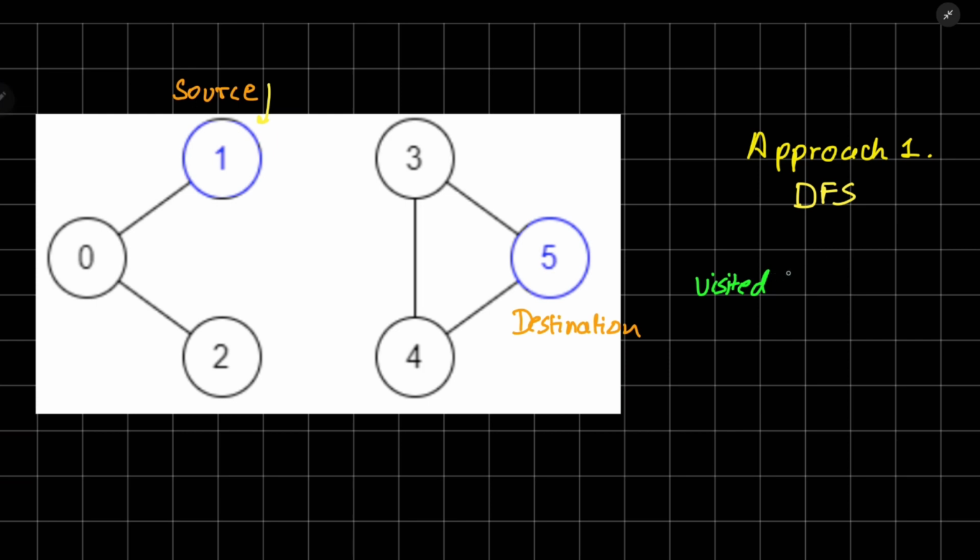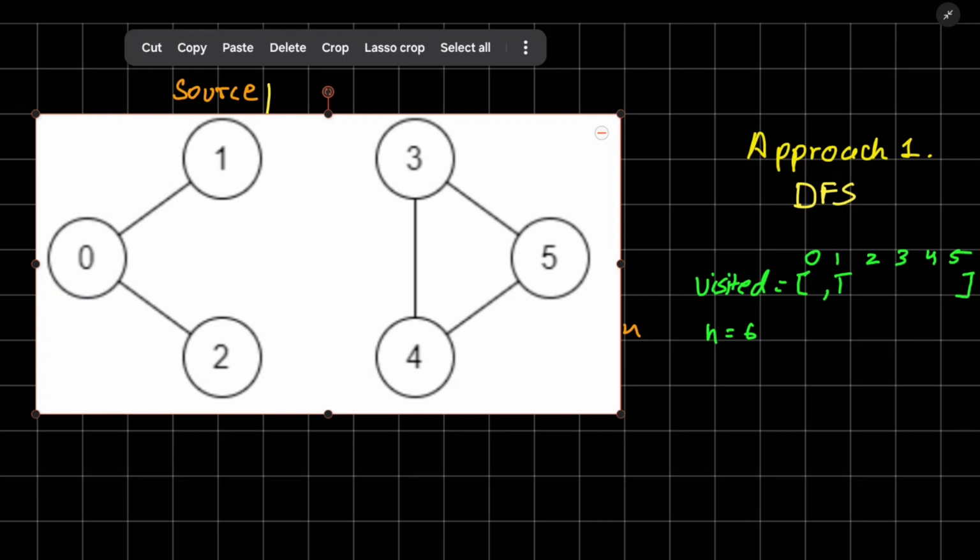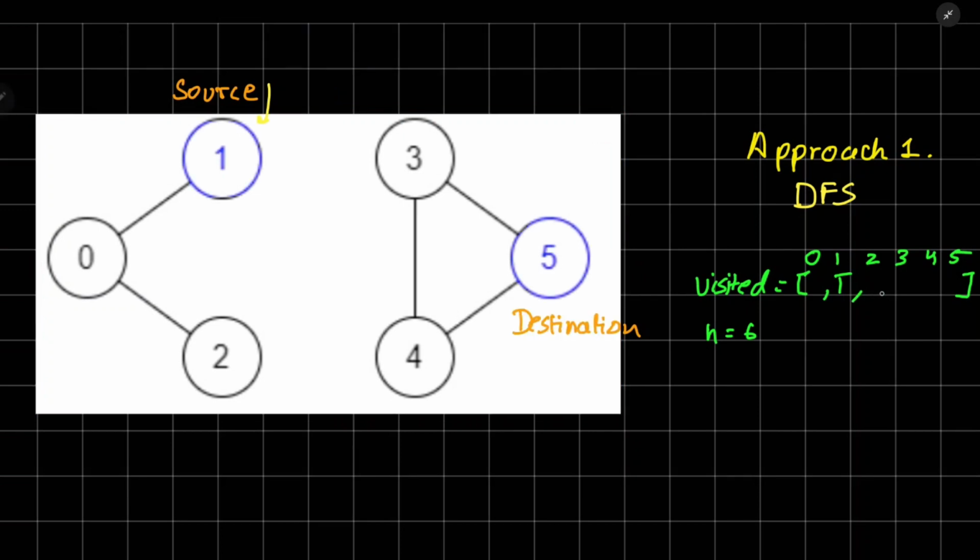When we call DFS over 1, we will mark visited of 1 as true. The visited array will be of size n, so 0 1 2 3 4 and 5. As we have 6 vertices, n here is equal to 6. From the source we mark this one as visited, so now it's true, and the rest are all false.